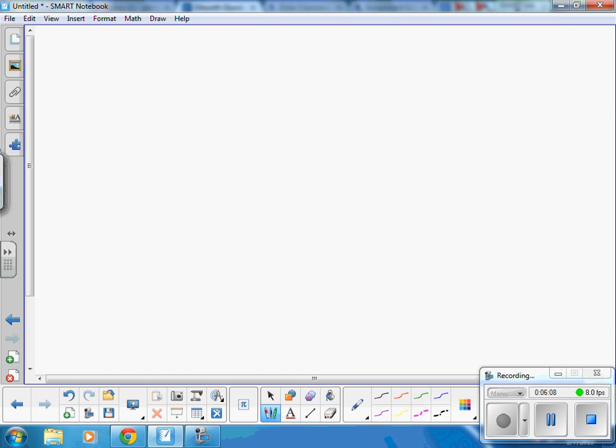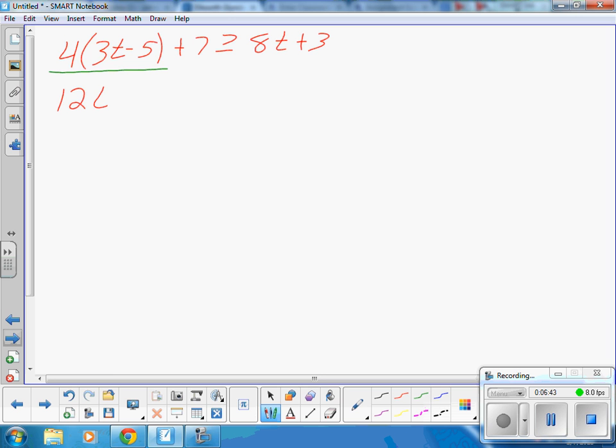All right. Another example. 4 times the quantity 3t minus 5 plus 7 is greater than or equal to 8t plus 3. First thing I need to do is take care of my distributive property. Multiply that out. When I do that, that gives me 12t minus 5. I'm going to copy everything else down.